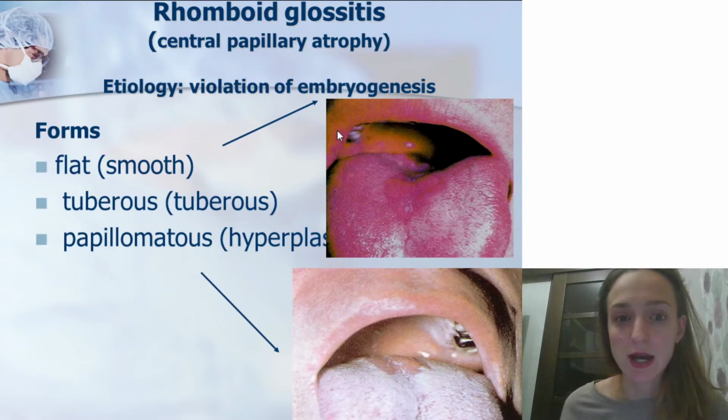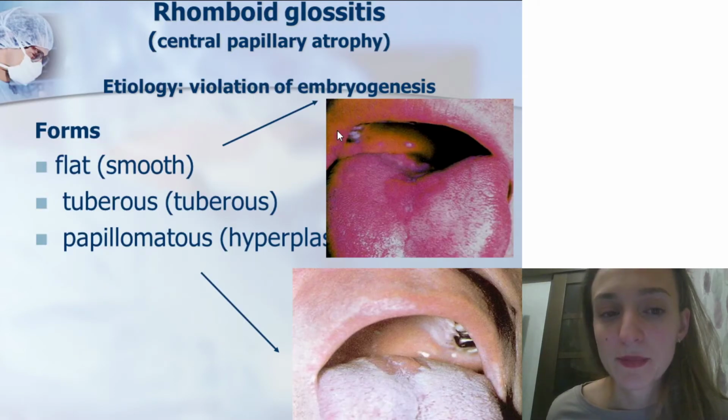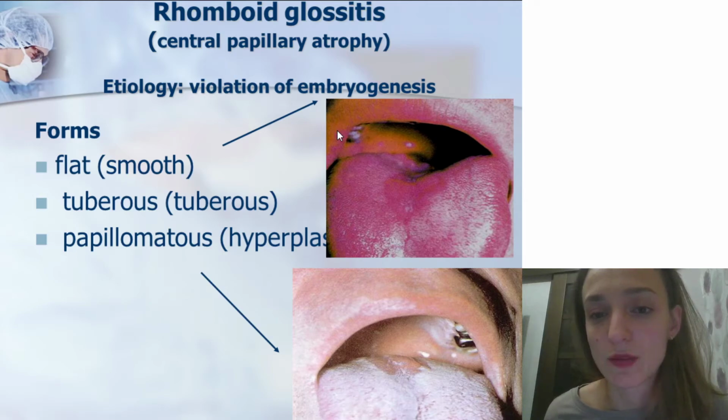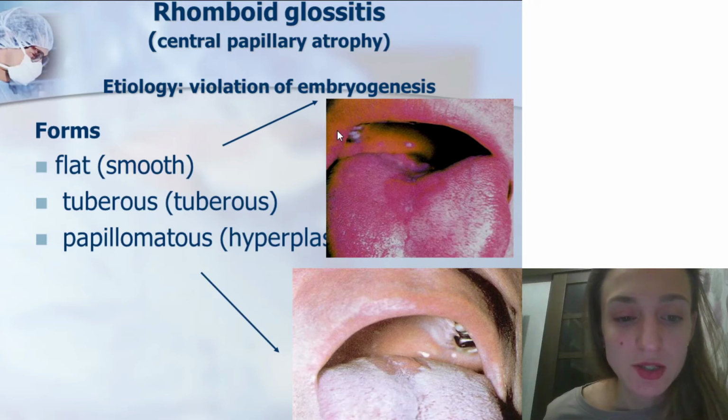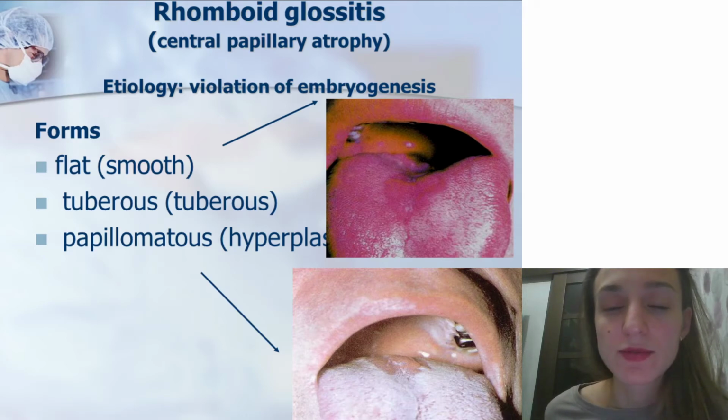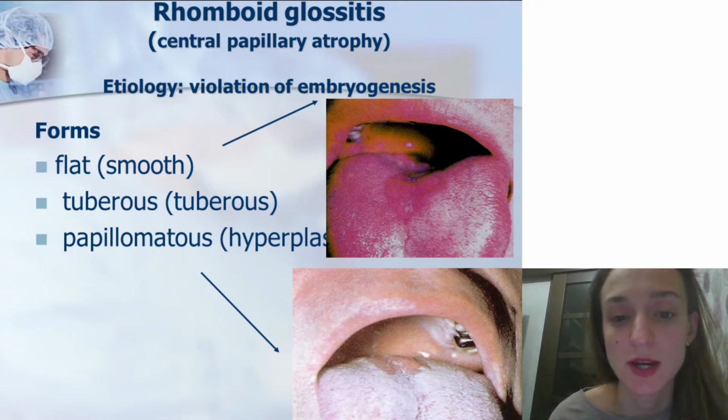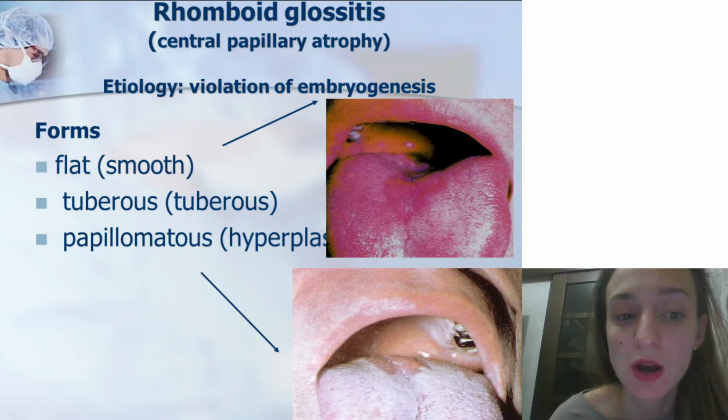Then rhomboid glossitis, and etiology is violation of embryogenesis. So, of course, rhomboid glossitis is a variety of desquamative glossitis. The disease is characterized by an area of epithelial desquamation in the middle line of the tongue and closer to its root. The area is bright red, often with a fissured surface, which is unchanged for a long time.